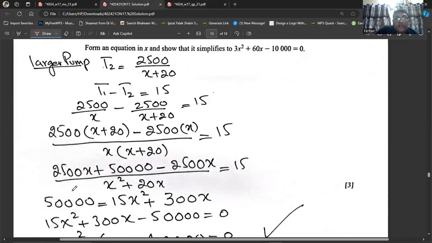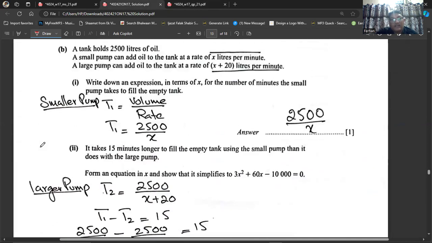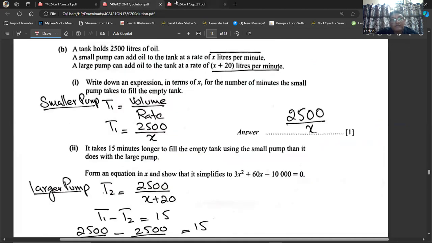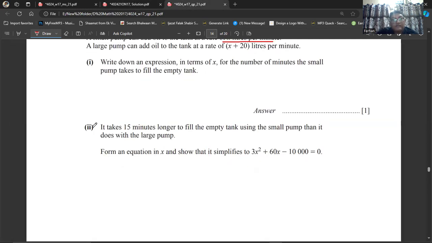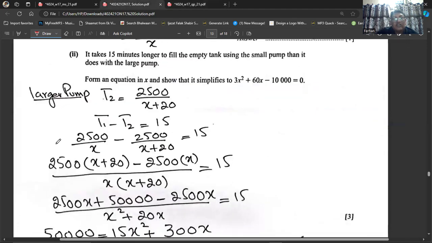So T2, the large pump, will be equal to 2500 divided by x plus 20. So T1 minus T2 is equal to 15.